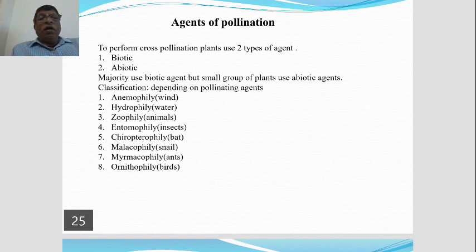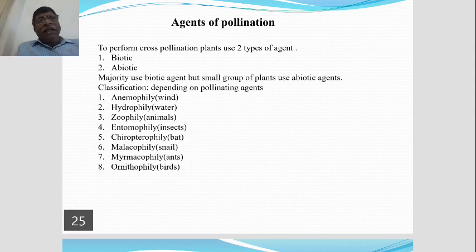Majority of plants make use of biotic agents for cross-pollination. But a small group of plants make use of abiotic agents for cross-pollination. Okay.